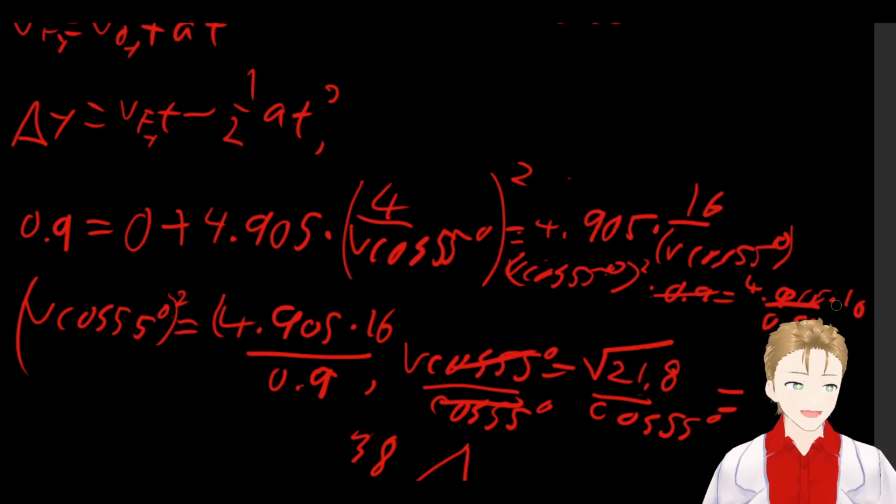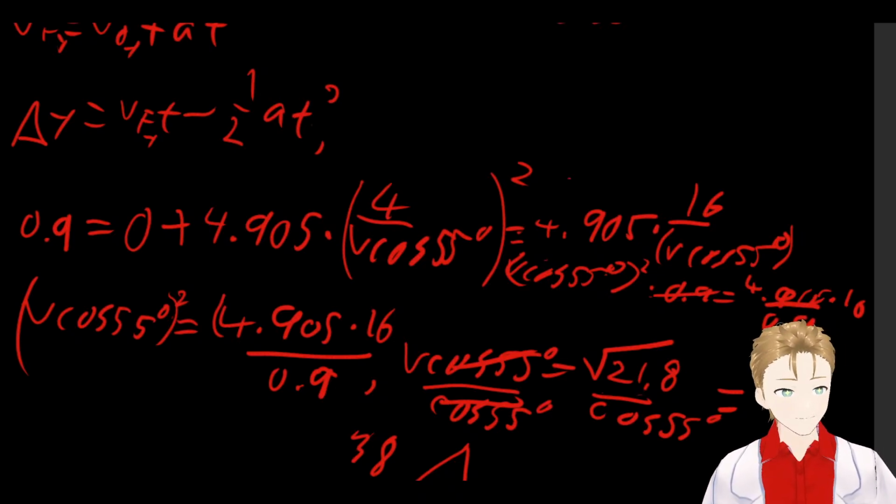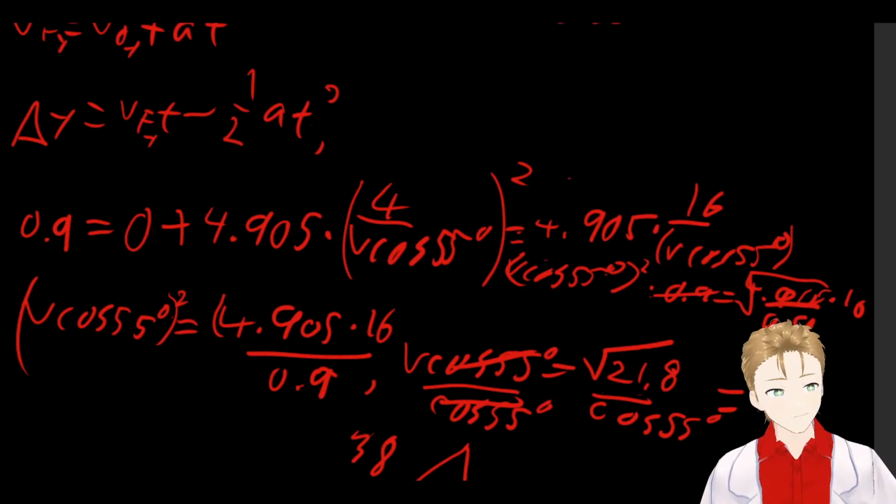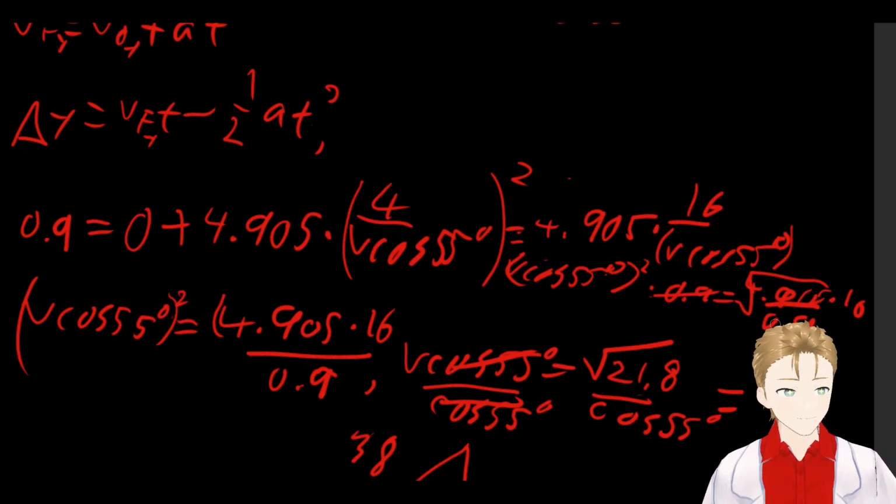And we get something, square root and then divide by it. Something's wrong about it.